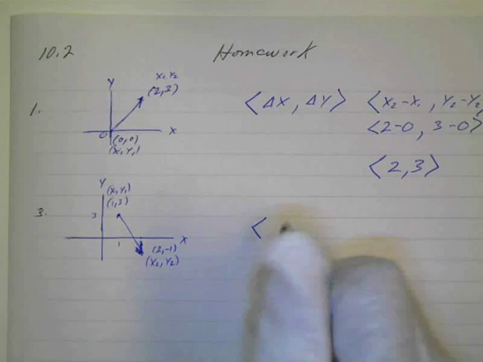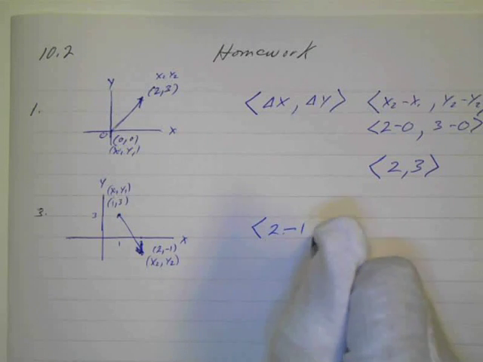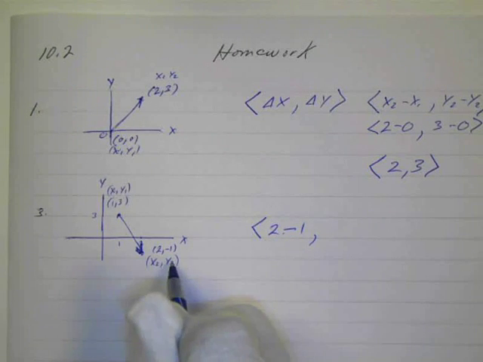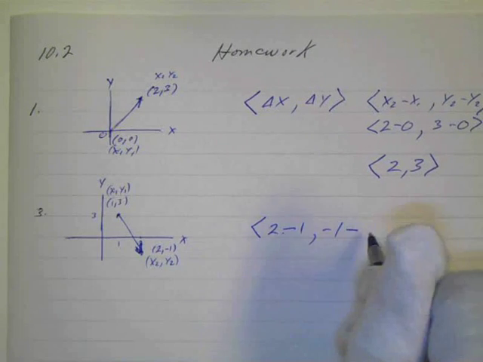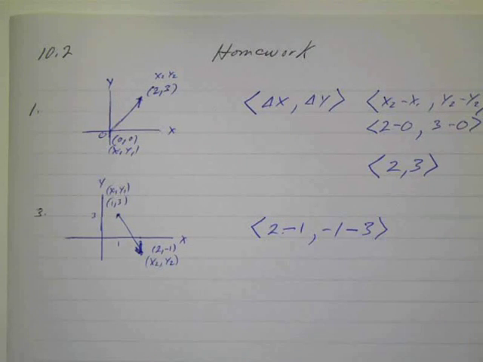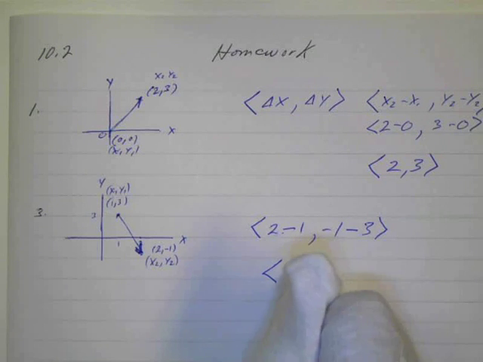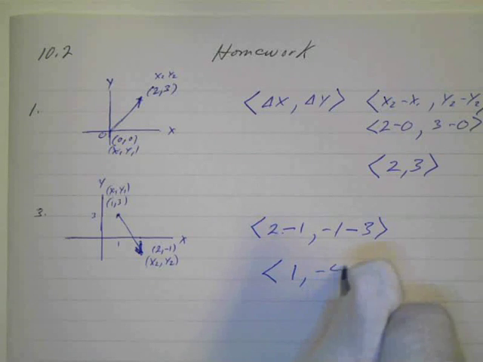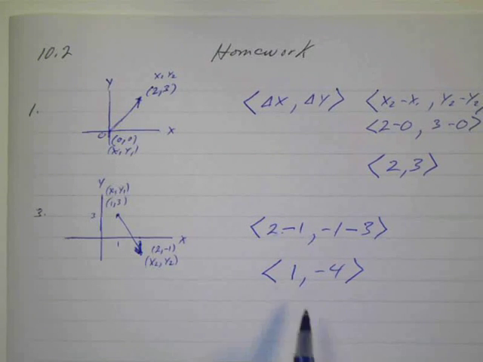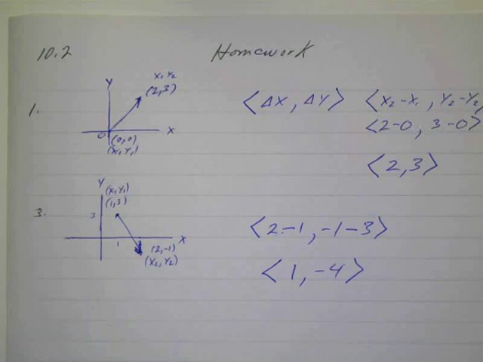So x2 is 2 minus x1 is 1, and then y2 is negative 1 minus y1, which is 3. That's just going to be 2 minus 1 is 1, and negative 1 minus 3 is negative 4. So basically you have a horizontal change of 1 and a vertical change of down 4.